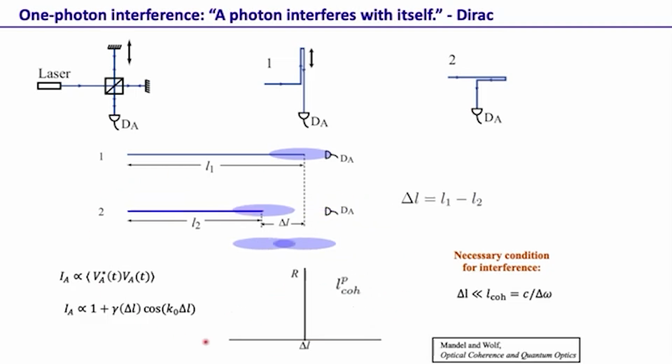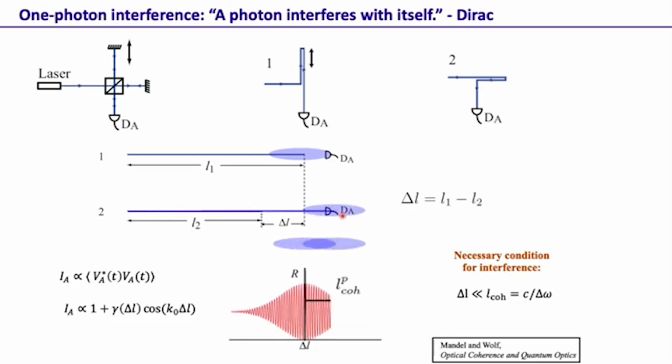So this is how we understand one particle interference, and we say that this alternative interferes with this alternative, and that is the sense in which one means a photon interferes with itself. As long as these two alternatives are coherent, one sees interference, and once that goes away, one doesn't see interference, and the condition for coherence is this.